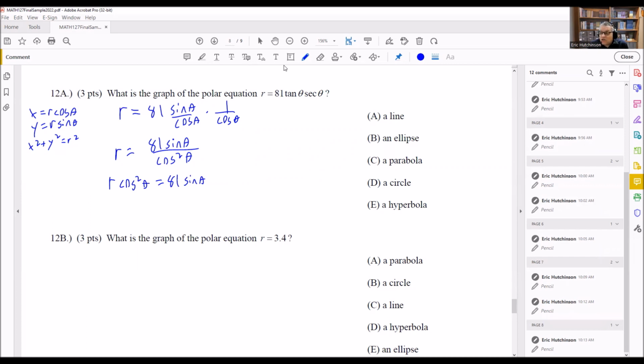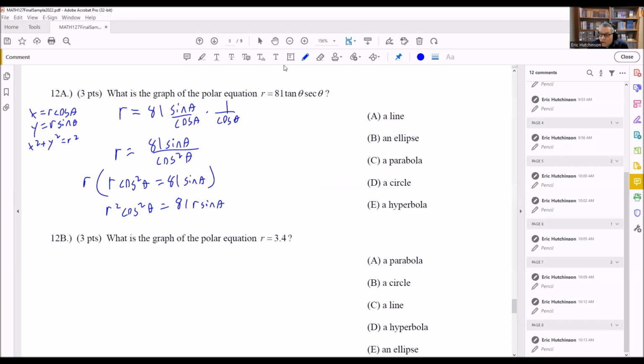I can't just change this into a y because I needed to have an r sine theta to change to a y. So I don't have a y here. That would need an r that allows me to do that. So what I'm going to do is multiply the entire equation by r, and that's going to give me r squared. So I have r squared cosine squared here, and then this is going to be 81. And I'm going to put the r in front of the sine. So now I have r squared cosine squared equals 81 r sine theta.